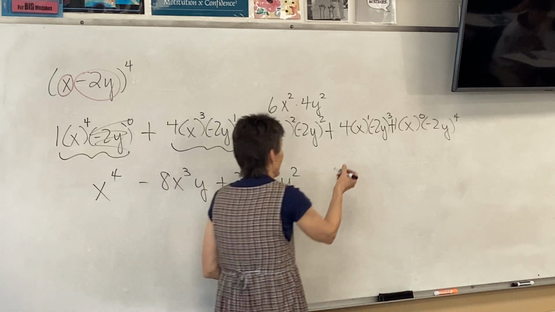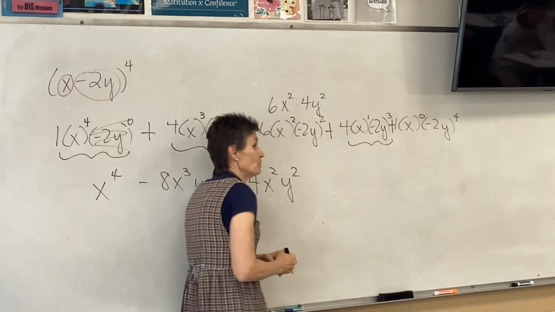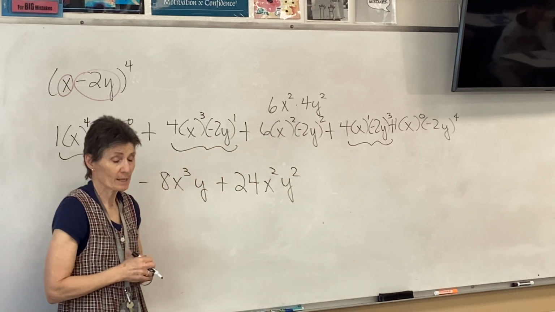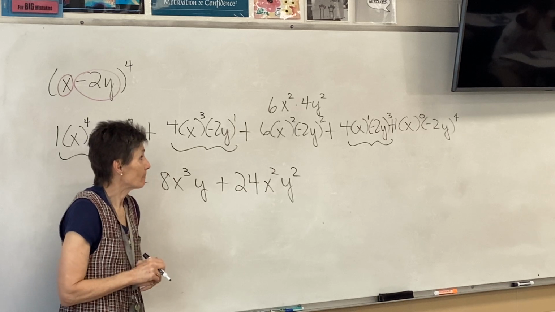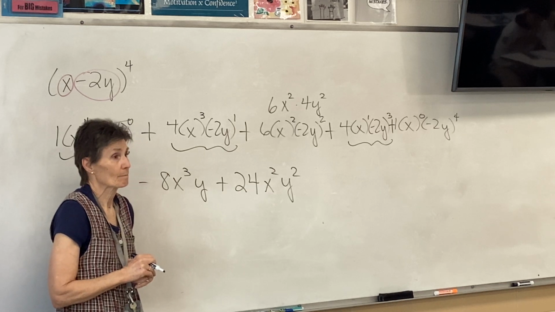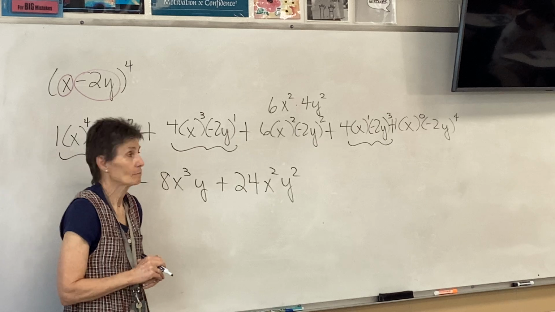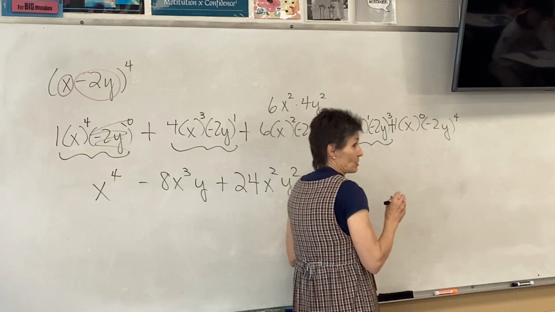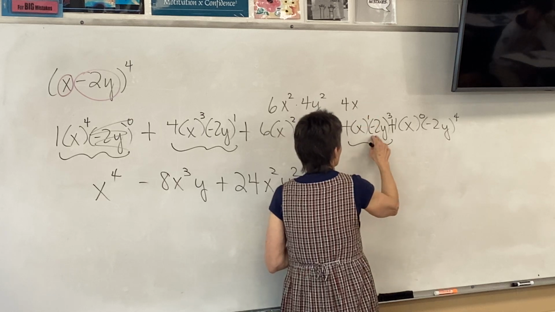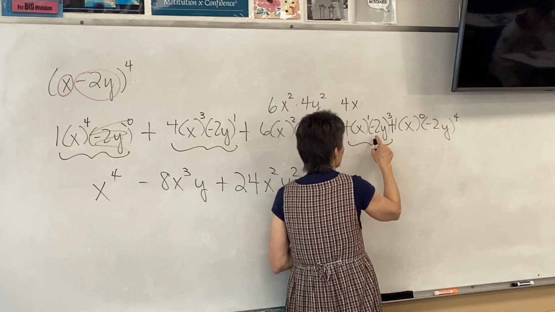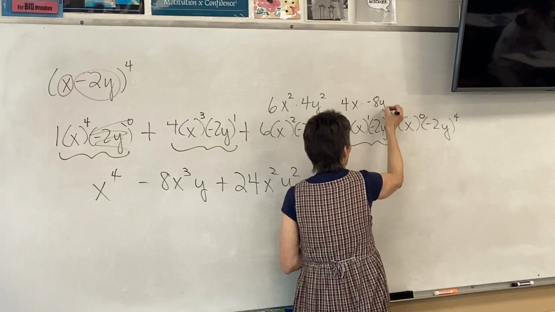All right, you do this one. What's that one? When you multiply it all together, what do you come up with? Actually, negative 32, because you have your 4x, and then you have times negative 8y cubed.